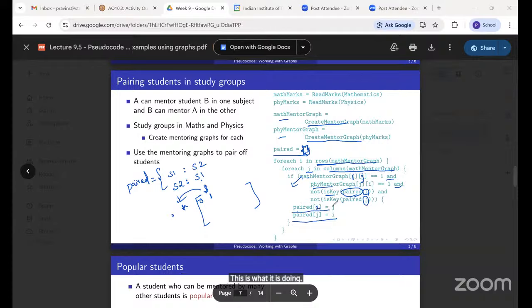See, paired of i is equal to j and paired of j is equal to i. So it's storing in the reverse manner. See, both ways it's storing. In this way, it's telling S1 is mentoring S2 and S2 is also mentoring S1. This is for mathematics and this is for physics.